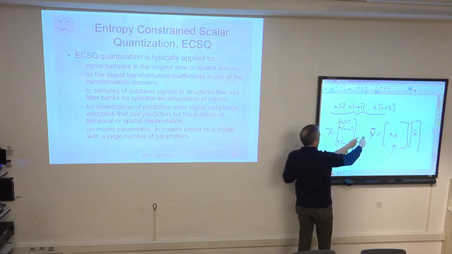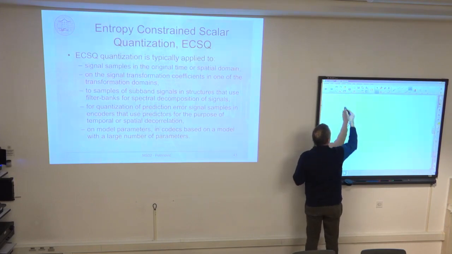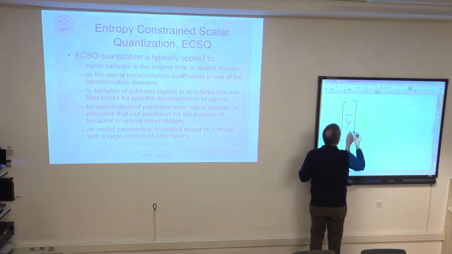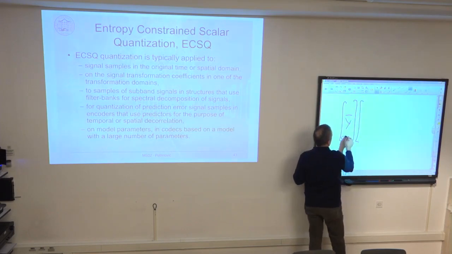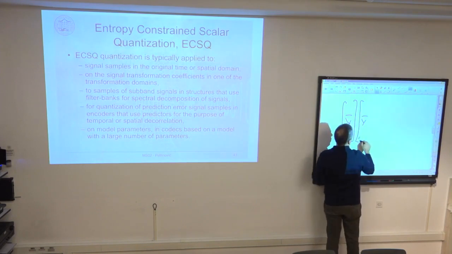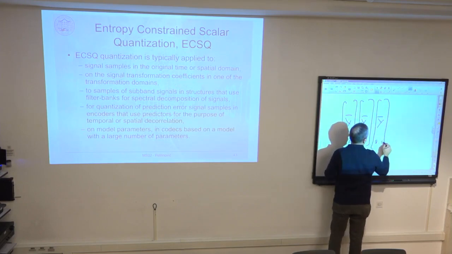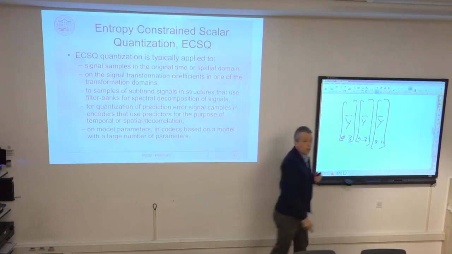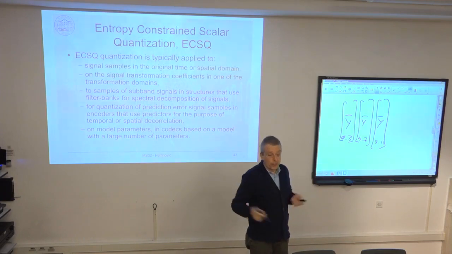So if I visualize this y vector for the first block of 4 samples, for example 0 to 3, then another y for 4 to 7. Okay, so I have a sequence of transform vectors, a sequence of 4-dimensional vectors.